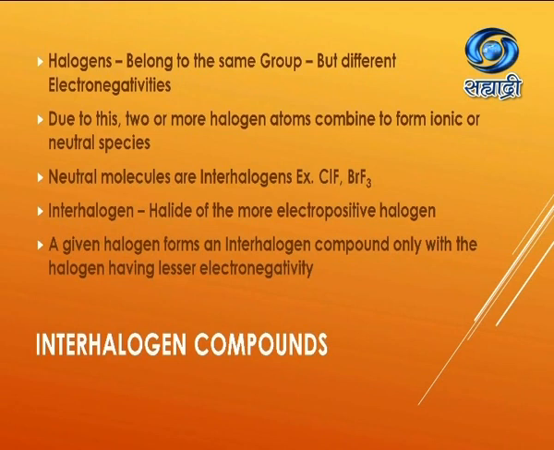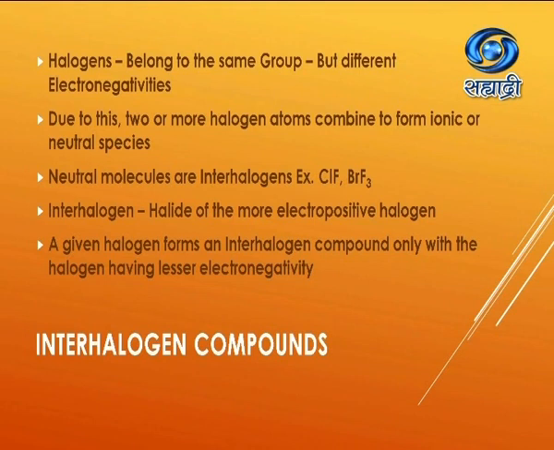Halogens belong to the same group but have different electronegativities. Due to this, two or more halogen atoms combine to form ionic or neutral species. Neutral molecules are called interhalogens. Examples are ClF, chlorine monofluoride, or BrF3, bromine trifluoride, etc. Interhalogen is also described as the halide of the more electropositive halogen.